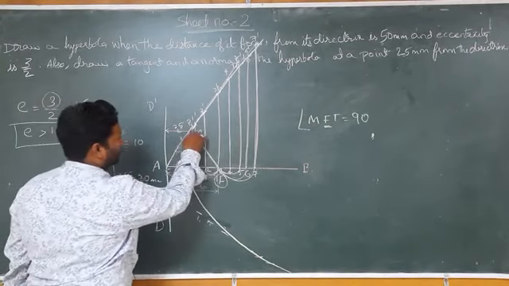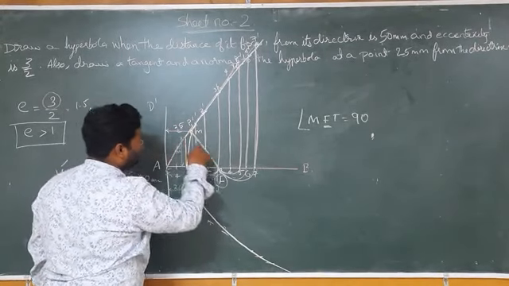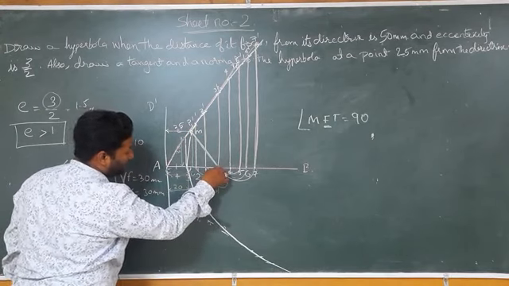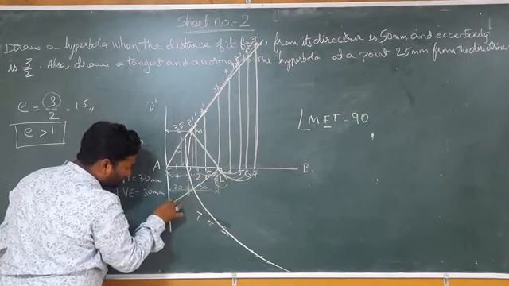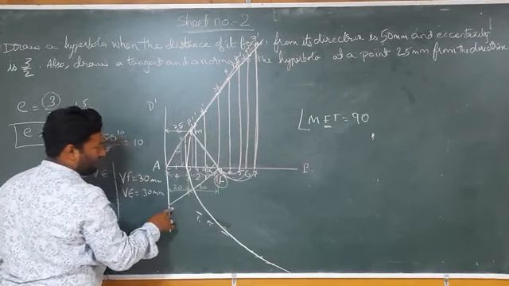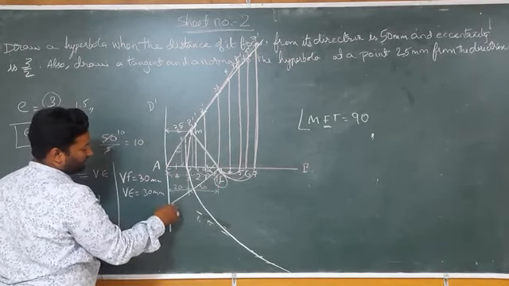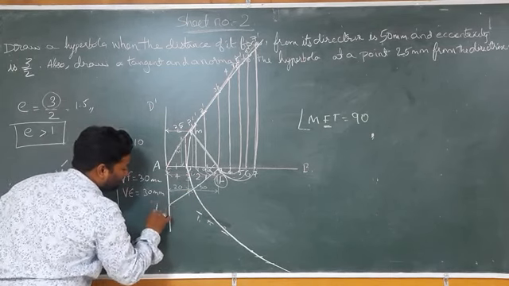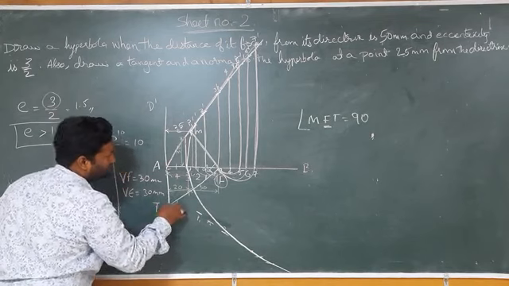So here I have already drawn a line by joining M and F. So from F I have to draw a right angle. So by maintaining 90 degrees I will get a right angle on the directrix. The side which I am extending here, which just touches the directrix, is the starting point of the tangent.